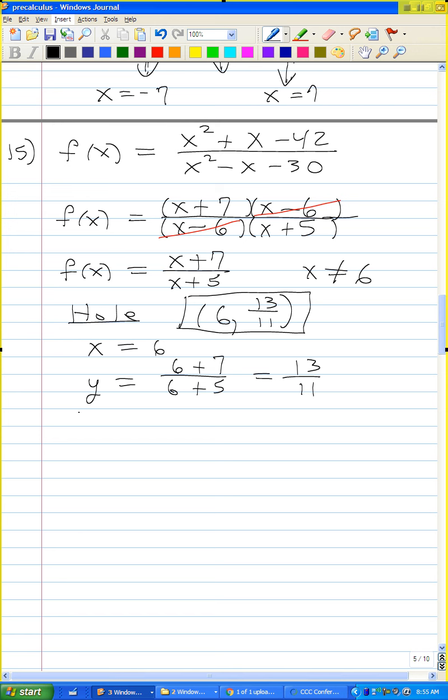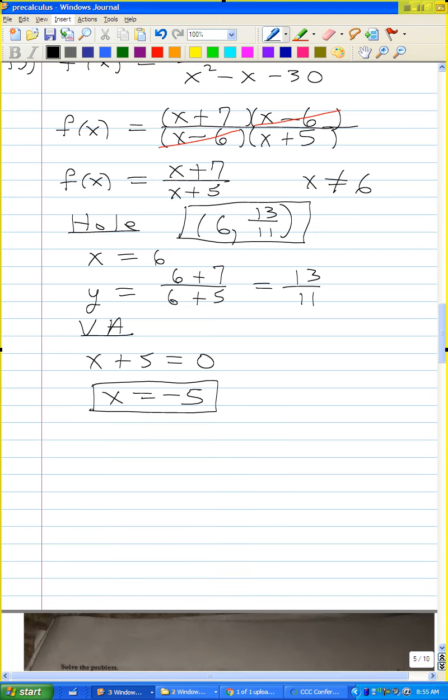So let's do the vertical asymptote. To find the vertical asymptote, I'll set the denominator to 0. So x is equal to negative 5. Let's do the horizontal asymptote. And so I have y is equal to x plus 7 over x plus 5.